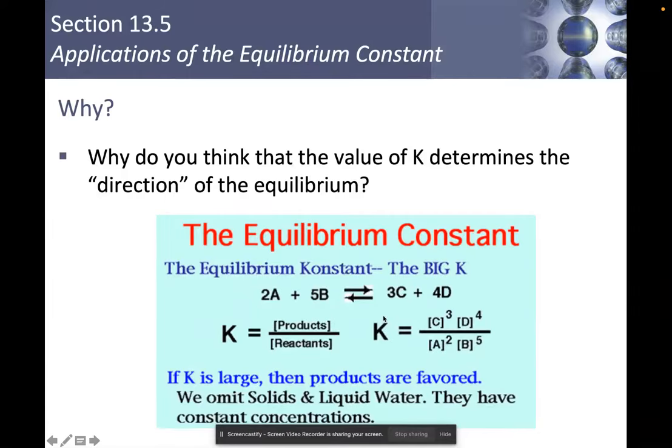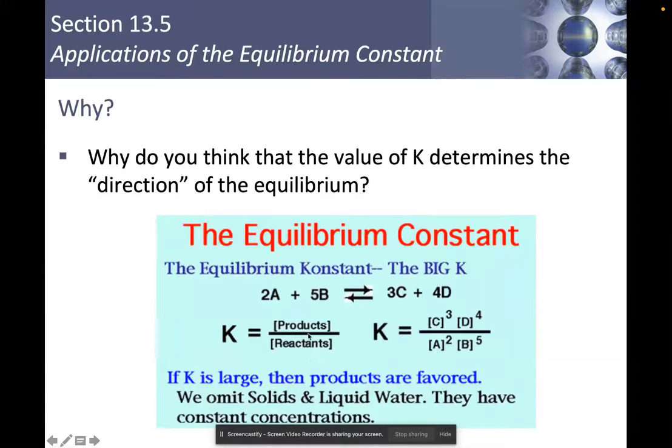On the other hand, if your reactants are a large number and your products are a small number, you're going to end up with a tiny value of K. It's really just the way the fraction works. Because products are on top, if products are large, you're going to have a big K value. On the other side, if reactants are large, you're looking at the bottom part of that.